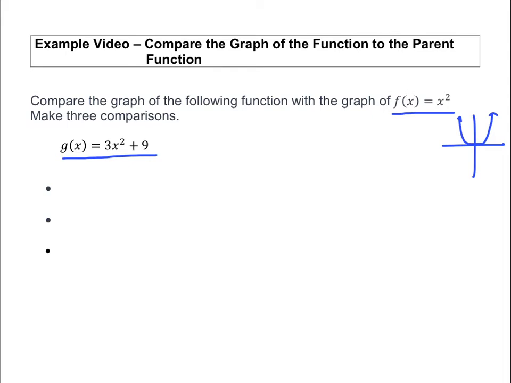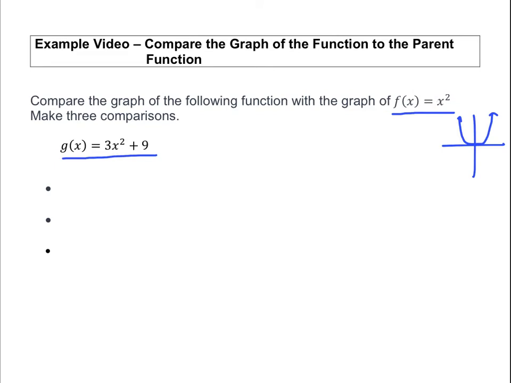So, first I noticed that we have a 3 in front of the x squared. So what does a 3 do? Well, when you compare, you can say things that are the same and things that are different. This 3 is a positive a value. This x squared has a positive 1 a value.